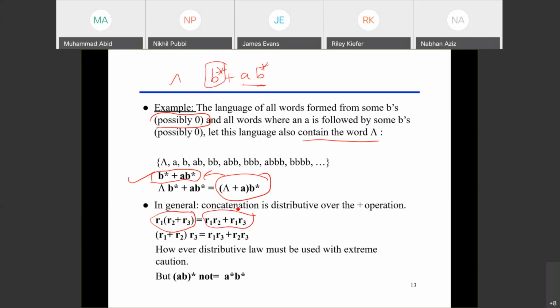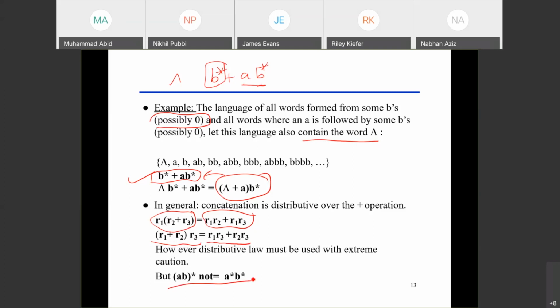Exactly, if you have a regular expression in the format R1 plus R2 concatenated with R3, and you apply the distributive property, R1 concatenated with R3 plus R2 concatenated with R3, this will not change the language. It will give you the same result. Okay. Now here I mentioned that AB star is not equal to A star B star.